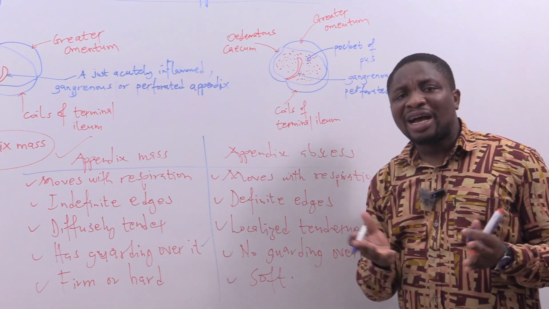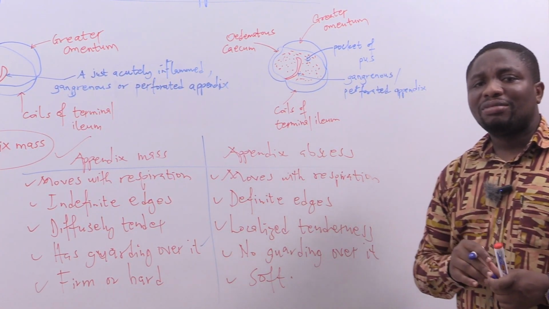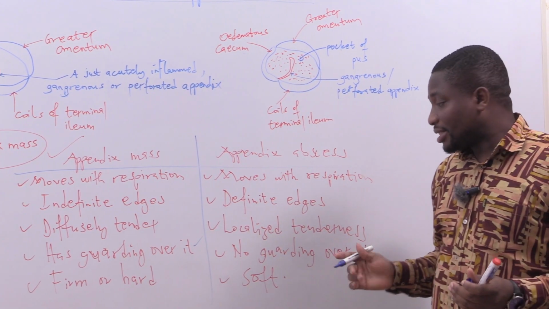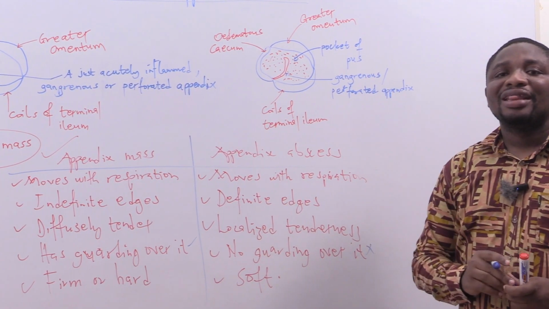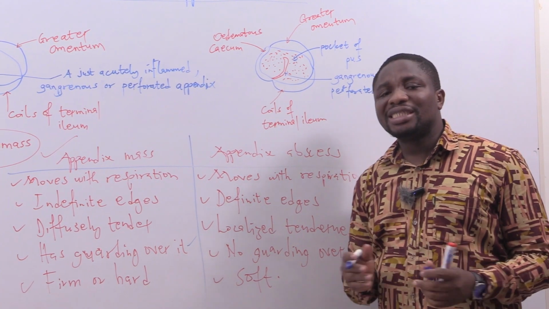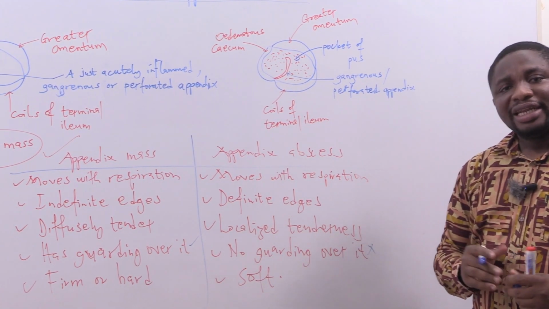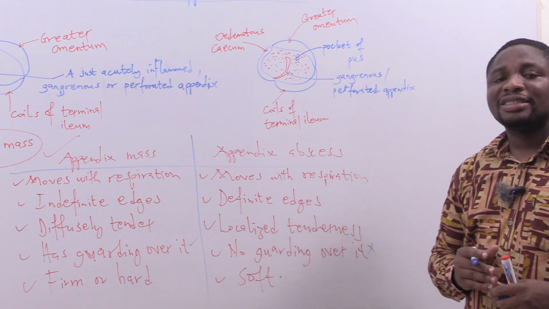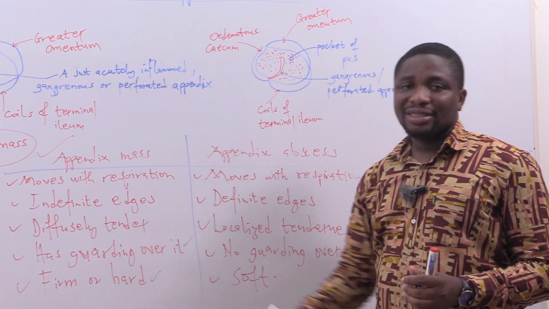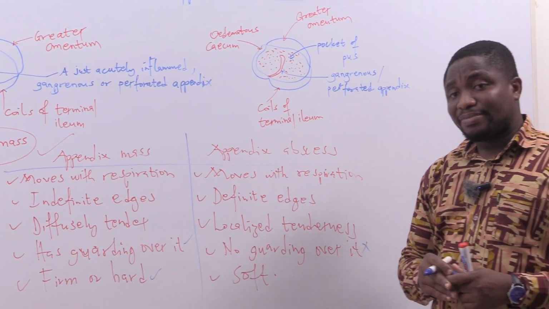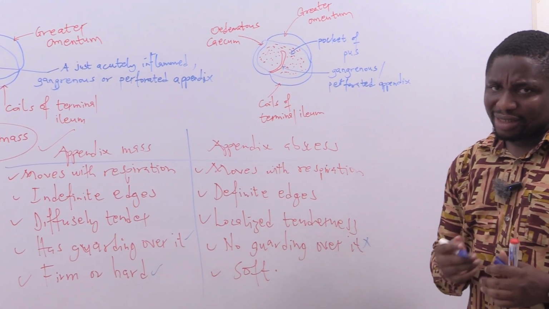When you palpate it, you have that board-like rigidity. But appendix abscess does not have that guarding or rigidity over it. The next one is that appendix mass is firm or hard, but if you palpate an appendix abscess, you realize that it is soft.